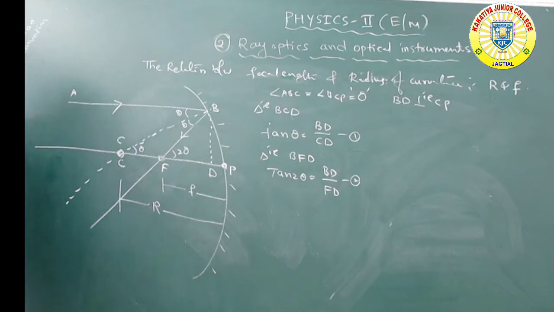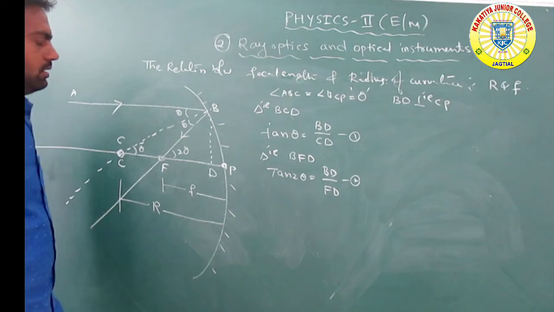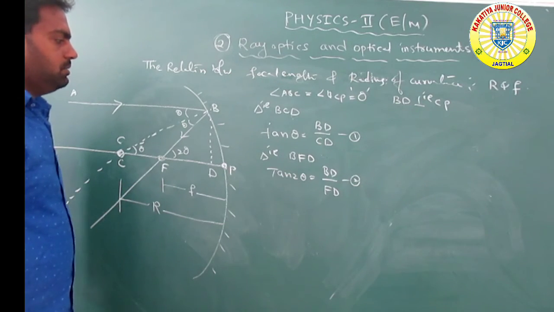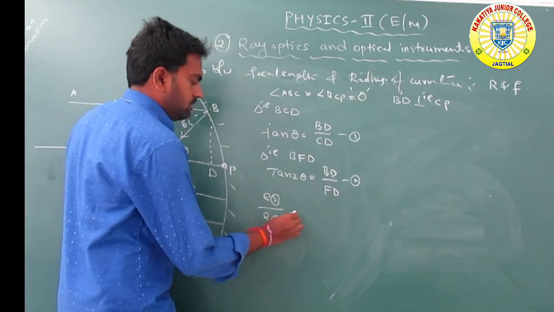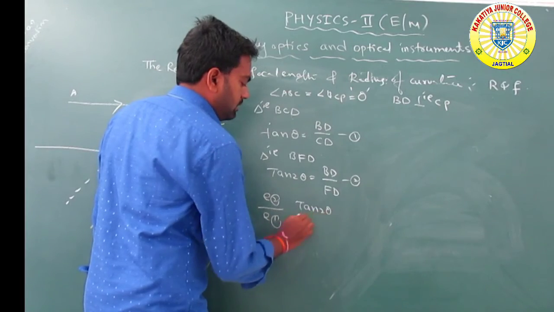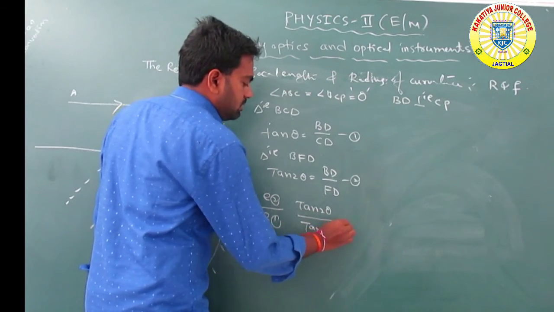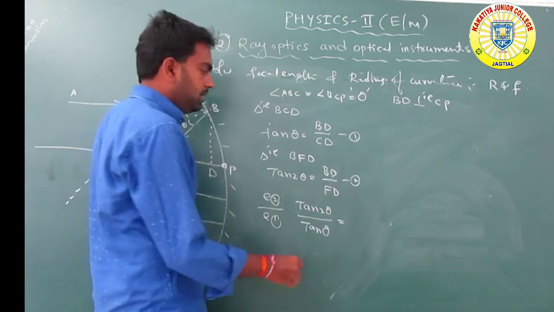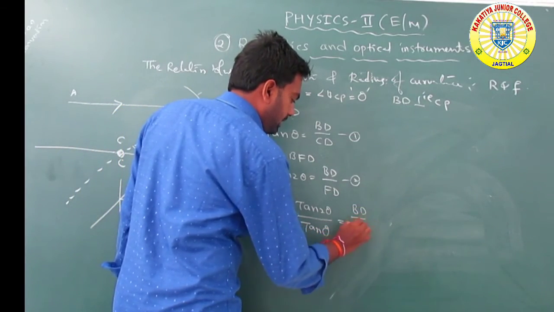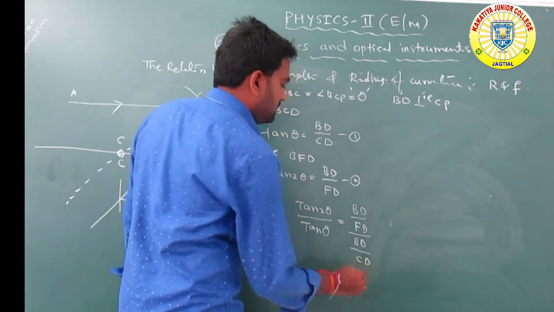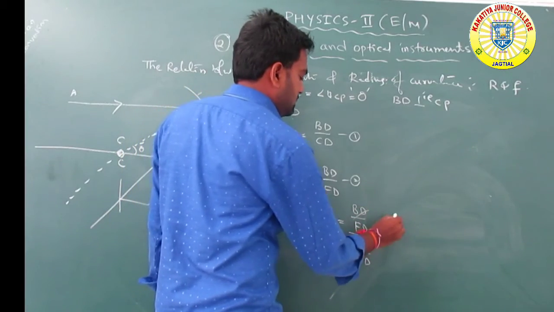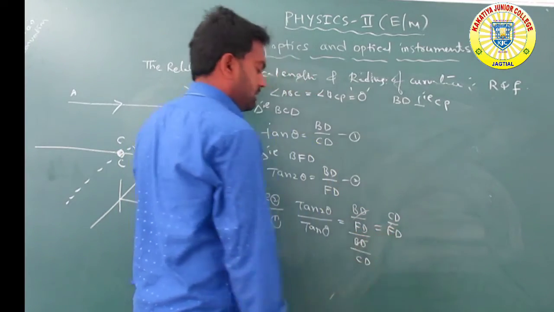Now in these equations, we divide equation 2 by equation 1. So tan 2 theta by tan theta is equal to BD by FD divided by BD by CD. BD cancels, and we can write CD by FD.